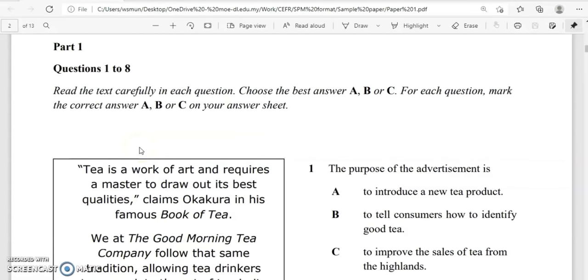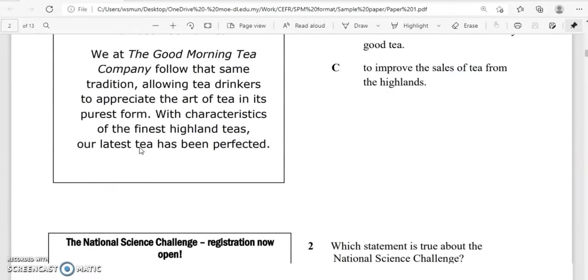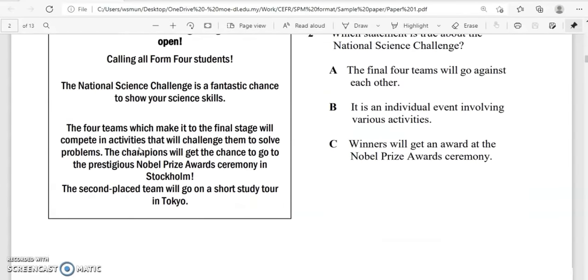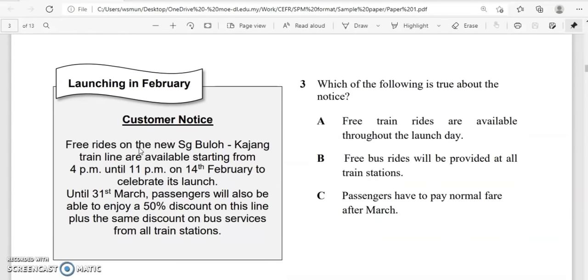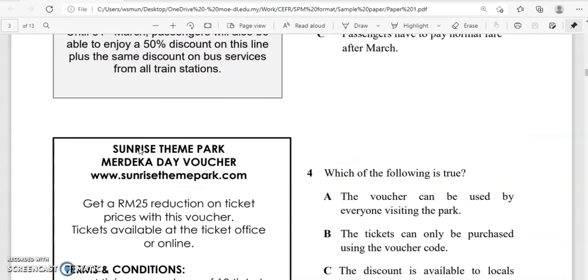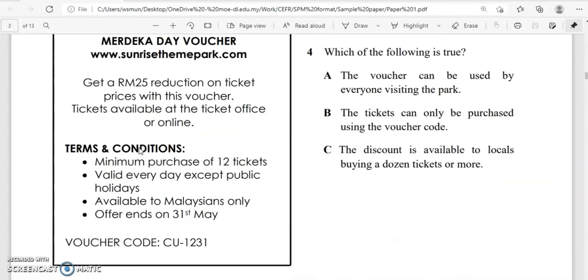Part 1 consists of 8 multiple choice questions, where you need to choose the correct answer from 3 options given, based on a short text in each question. The text can take various forms. For example, a notice.